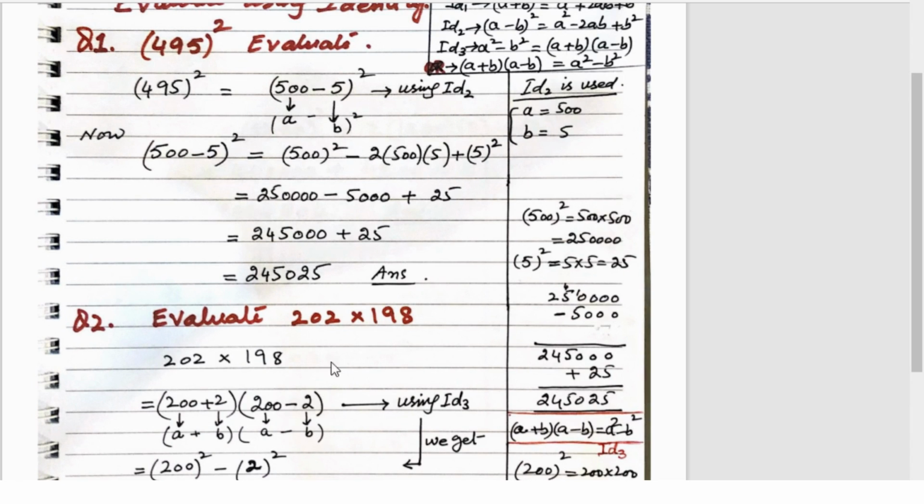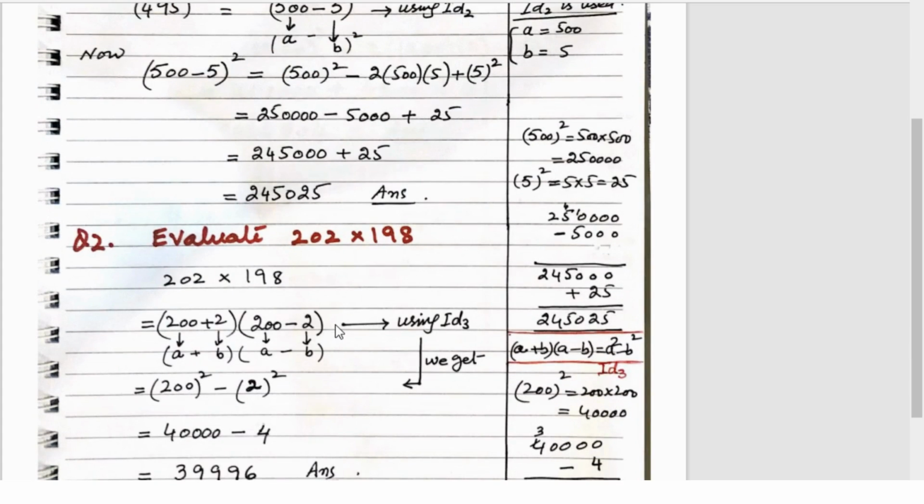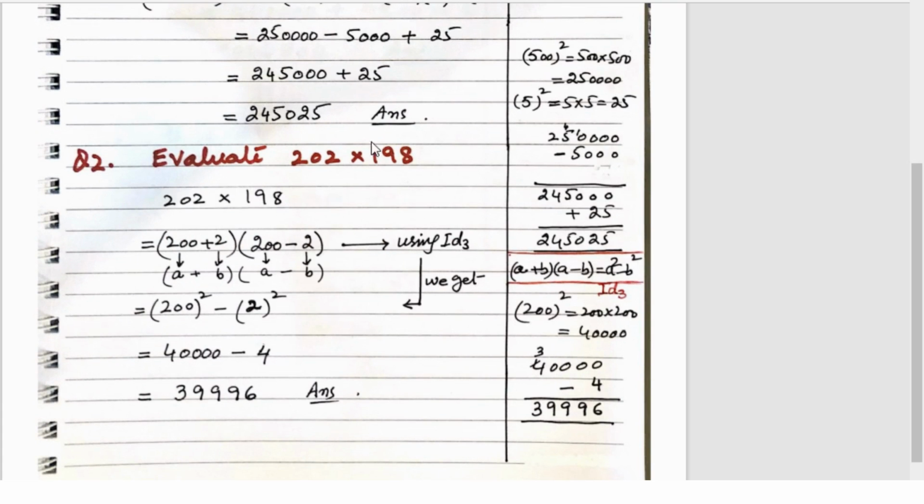Now, how will it go with the third identity? We again have these numbers, not in factor form. These are being multiplied with each other, but there is no way to use ID3 directly. So first of all, we will convert it into a suitable form to use ID3, then we will use that.